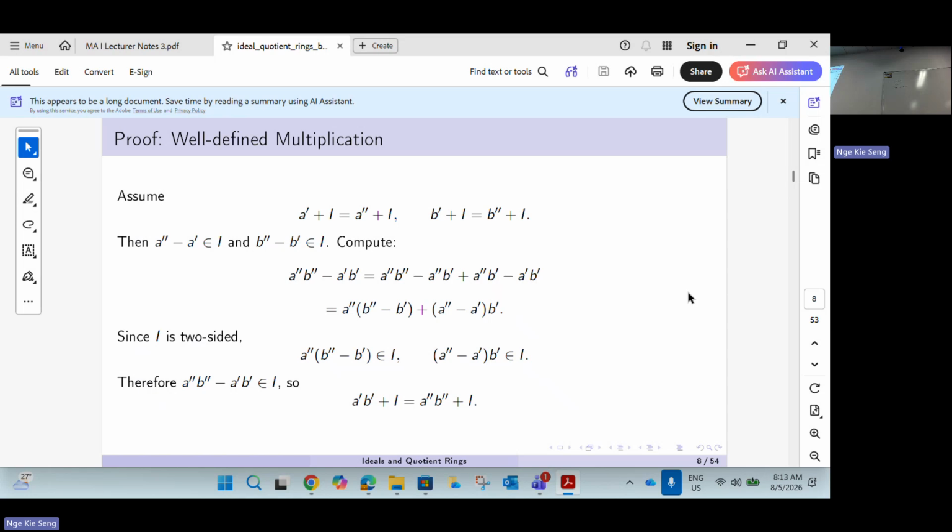We get terms with b double prime minus b prime and a double prime minus a prime. These two are in I, and the multiples by a double prime and b prime are also in I. So the whole thing is in I, so a prime b prime plus I equals a double prime b double prime plus I.